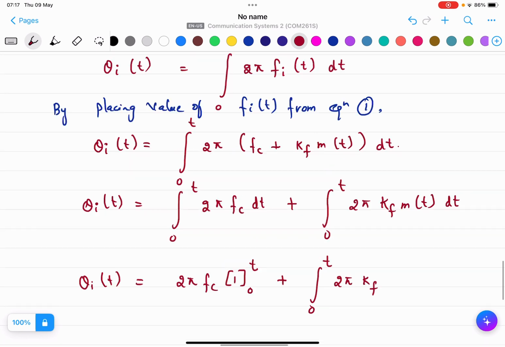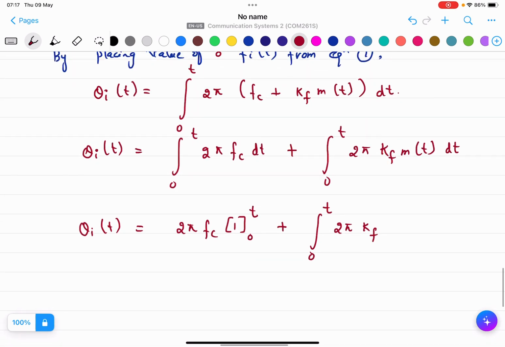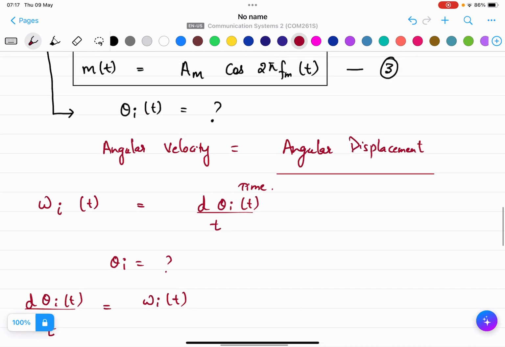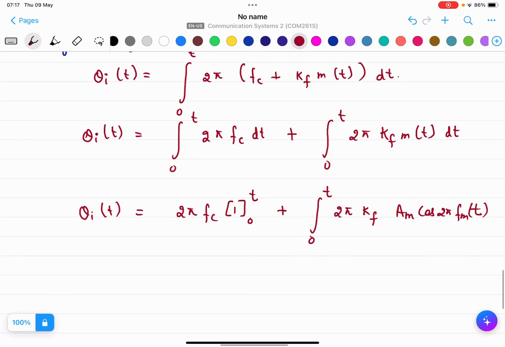kf. Now what is the value of m(t)? m(t) is Am cos 2 pi fm t from equation number 3. So I will just write the value here, Am cos 2 pi fm t. You can see the equation again. So I will just write placing the value of m(t) from equation 3, right?